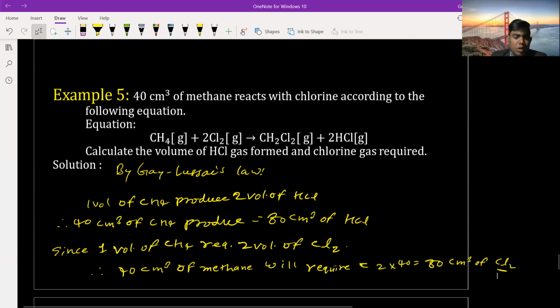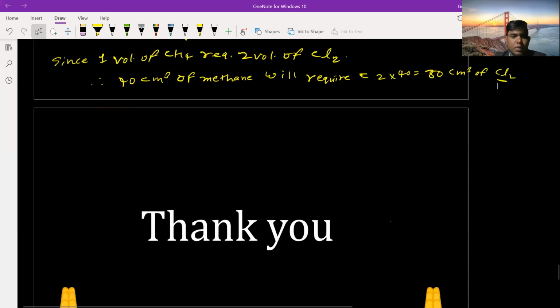Okay, so our answer is 80 centimeter cube of HCl is formed, and 80 centimeter cube of Cl2 is required. Okay, thank you.